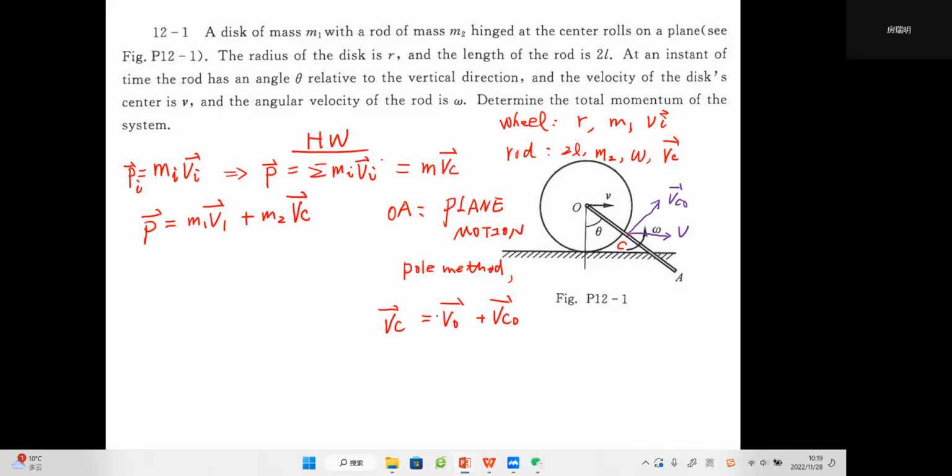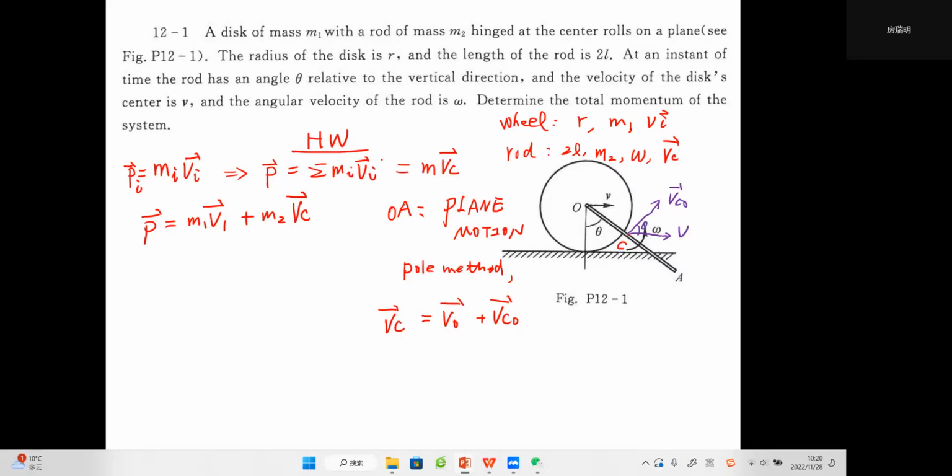So our absolute velocity of mass center C will be VO plus VCO. If this angle is known, and here it is theta, can you understand that this angle will also be theta, right?